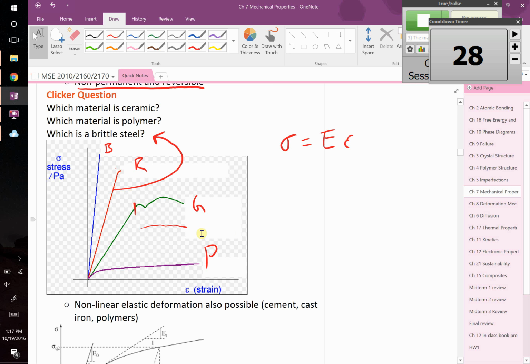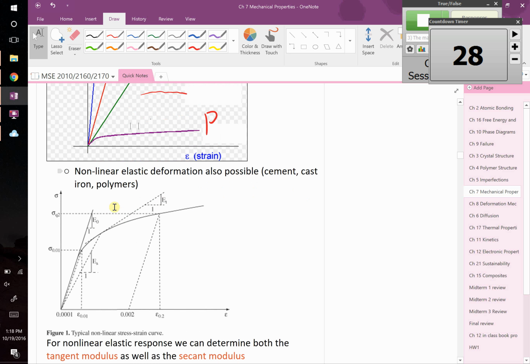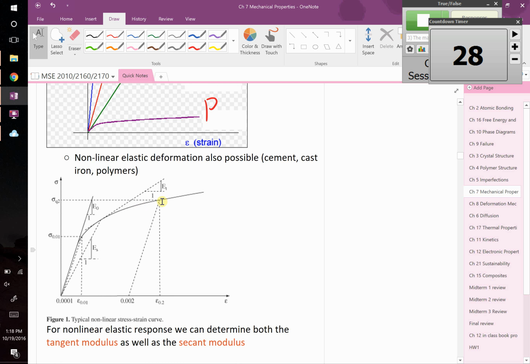You can technically have nonlinear elastic deformation, meaning you pull on it and it's going to go back to normal, but it maybe gets easier and easier the more you pull, or even harder and harder the more you pull. But it will go back. So rubber does this, cement does that, some polymers will do that. Meaning you could stretch it out to this point, but it might still go all the way back. It just depends. If it's elastic, the key thing to remember is that it's reversible. There's no permanent deformation.